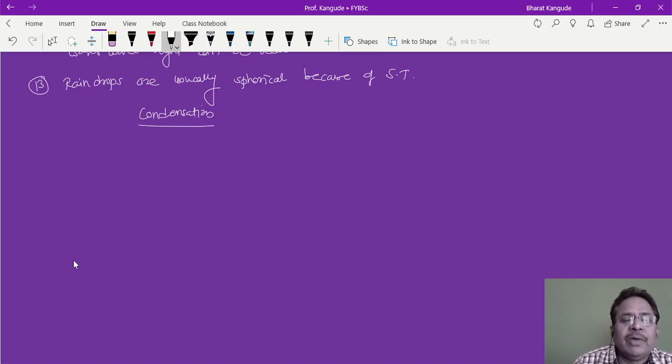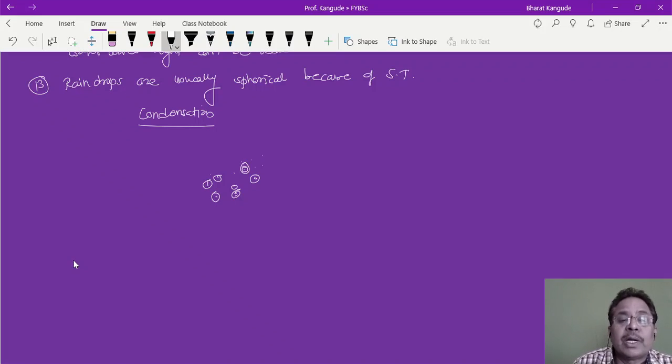The water vapor gets condensed around dust particles, and if this water drop is very small, it easily undergoes evaporation and doesn't fall down. So raining is not possible when these droplets are very small. But if enough dust is there in the atmosphere, then heavy water drops are formed, and because of their surface tension they have a spherical shape, and then they easily fall.